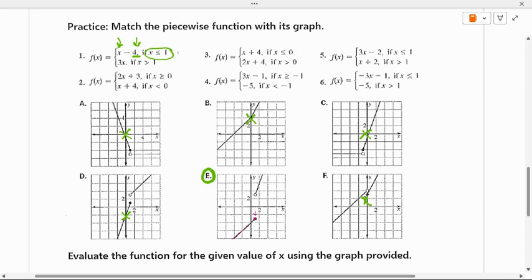Well, that matches. That's true. So now let's see if the second part of my graph has the function f of x equals 3x for all x values that are greater than 1. So that means I need to have an open circle on +1, and this has a slope of up 3 over 1. Up 3 over 1. So E is in fact the match for number 1.